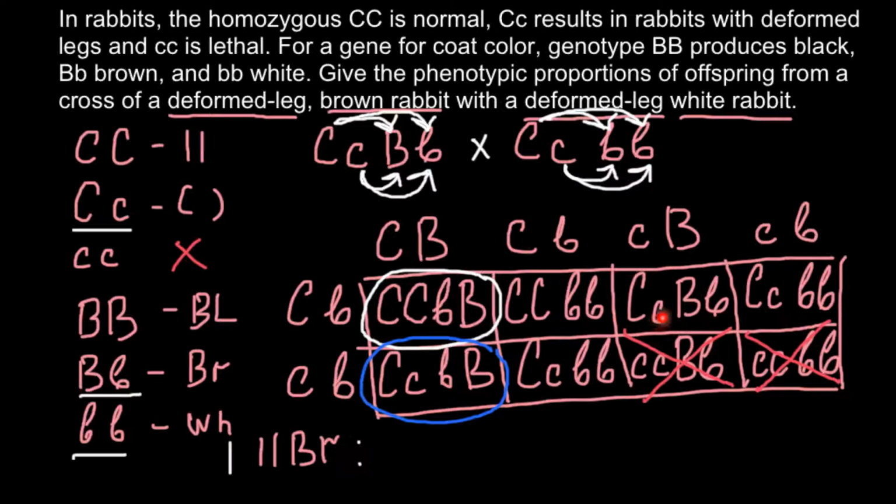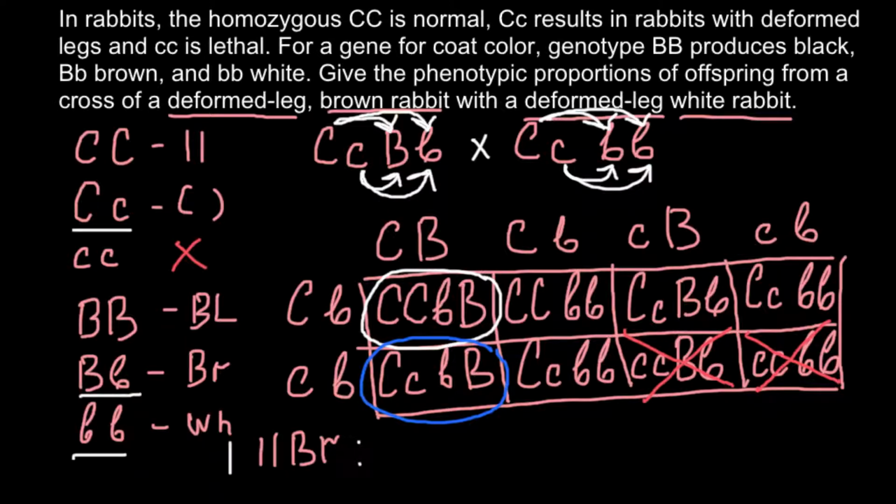And here we have also deformed legs and brown color. As you see, the order of the alleles here is different. Small b, capital B. Here we have capital B, small b, but the order doesn't matter. So this is going to be the same genotype and the same phenotype.